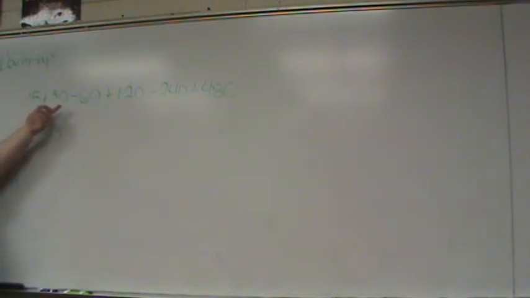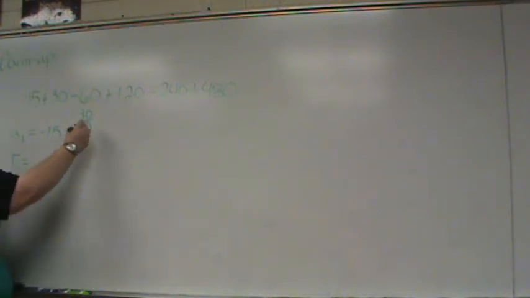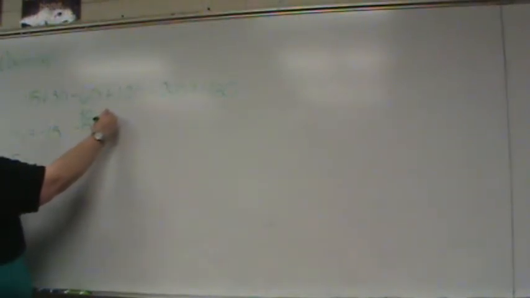You take your second term and you divide by your first term. So in this case, you're taking 30 divided by negative 15. When you divide that out, you should get negative 2.